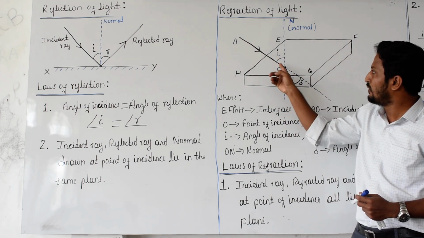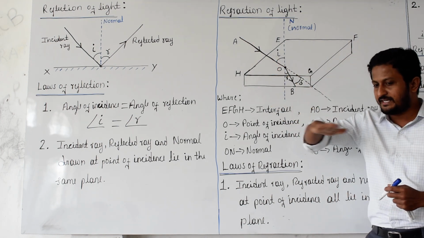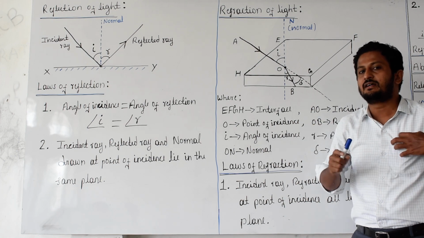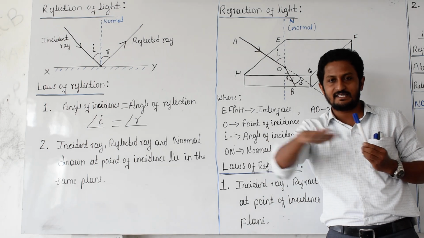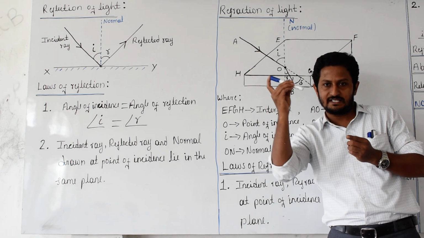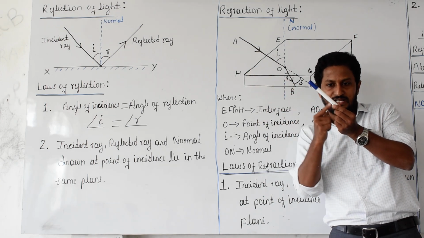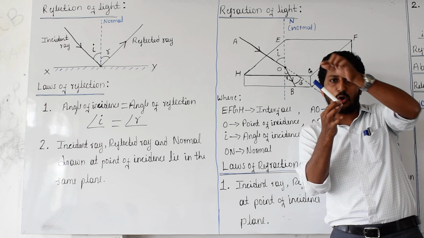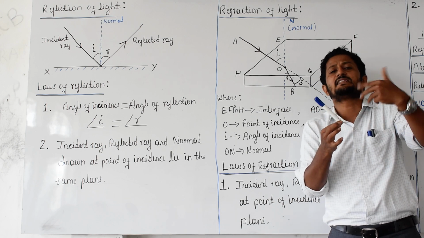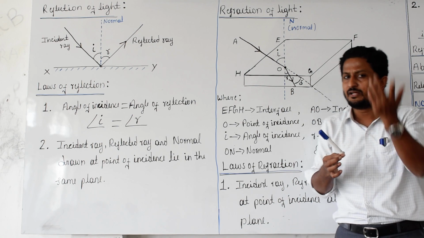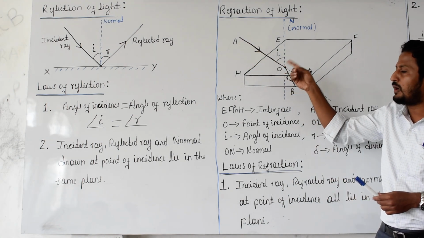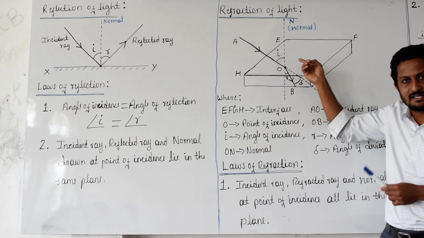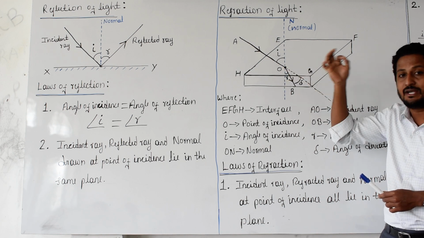This AO light ray is incident on that EFGH surface obliquely. This is EFGH. This light ray is coming like this. It got incident on that obliquely. Yes. Thereafter, what is happening? Look at that. That AO got incident on that glass sheet at point O.